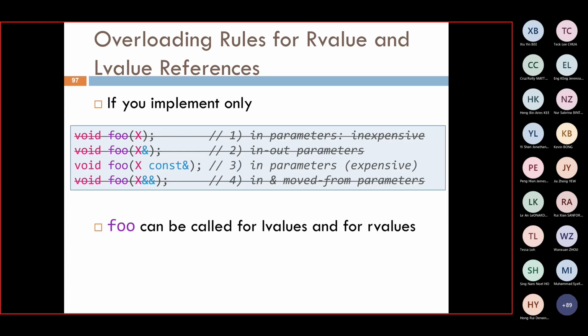On the other hand, if you just pass three for really big things, it's considered to be free in C++. There is some overhead, but minimal. So if you have number three and nothing else, foo can be called for lvalues and for rvalues. So this is the signal that the compiler is looking for.